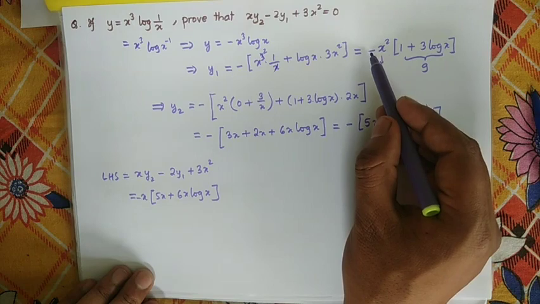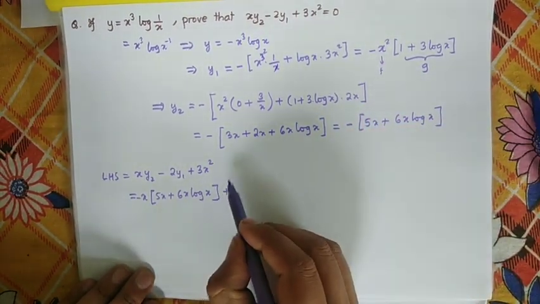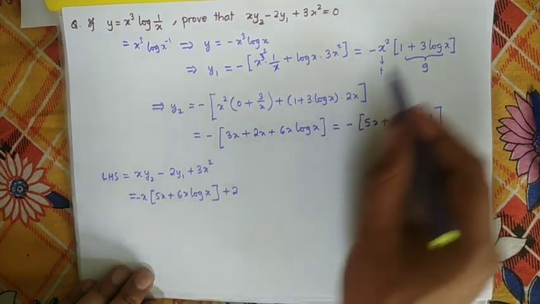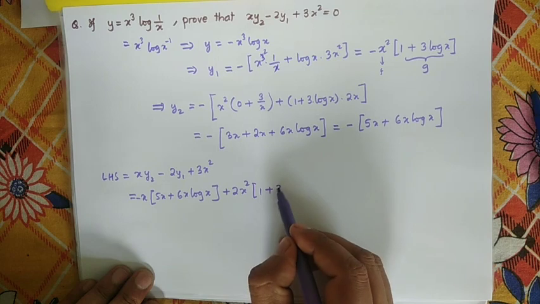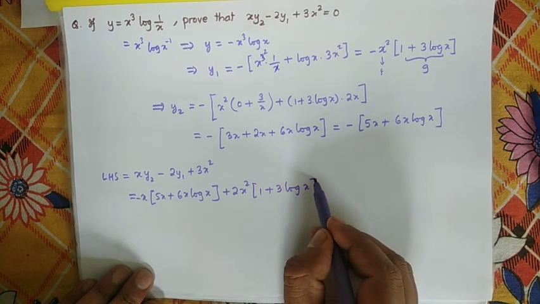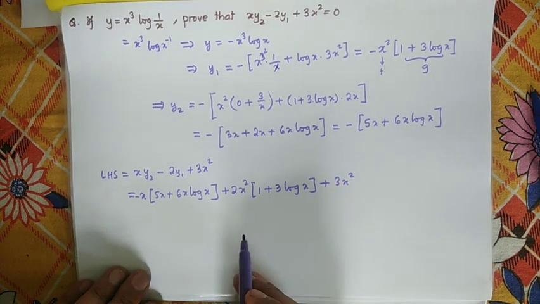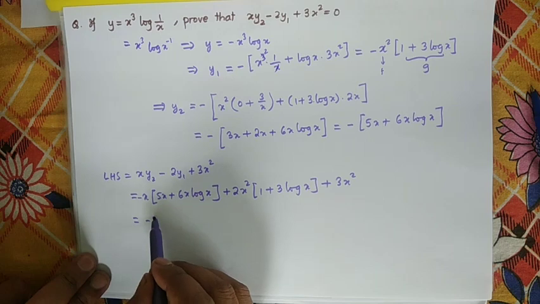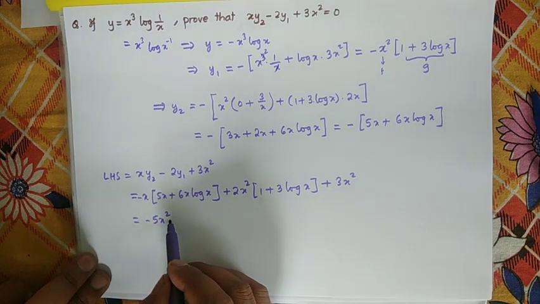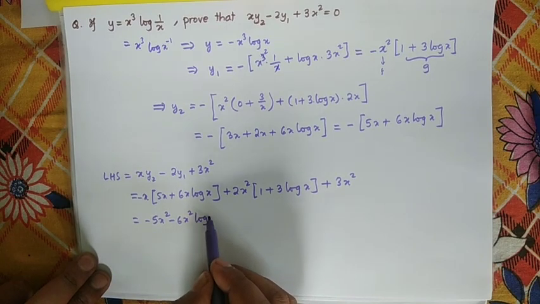So y1 is this much, so minus into this minus becomes plus, so plus 2, and y1 is this one, so x square into 1 plus 3 log x, so plus 3x square is there. So let us simplify this. So open the bracket, so minus 5x square, minus into plus minus 6x square log x.